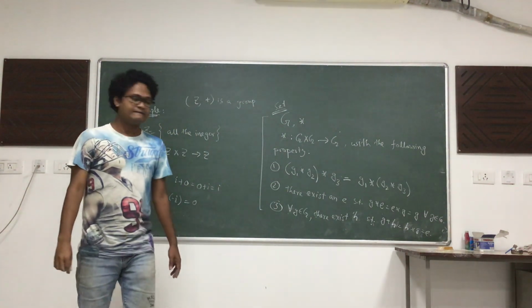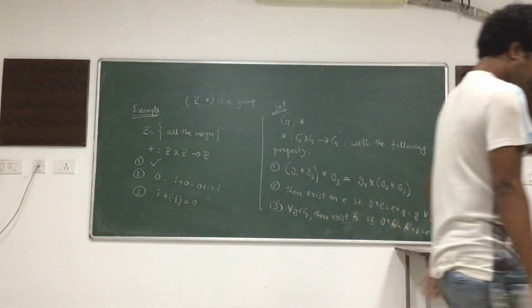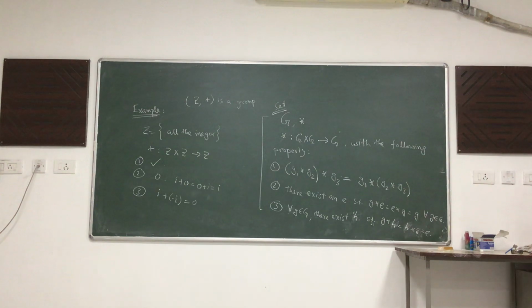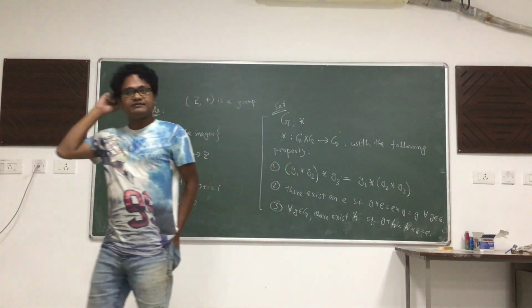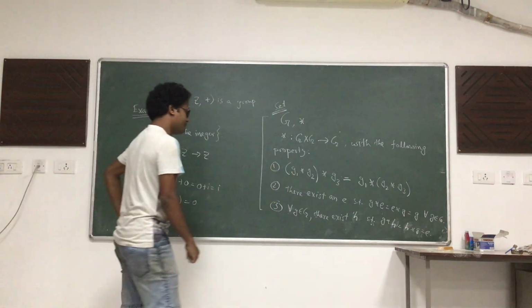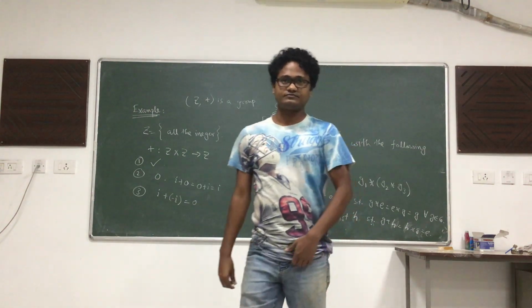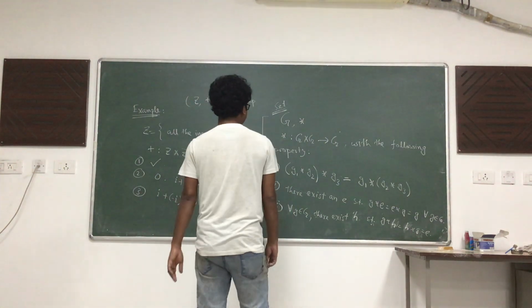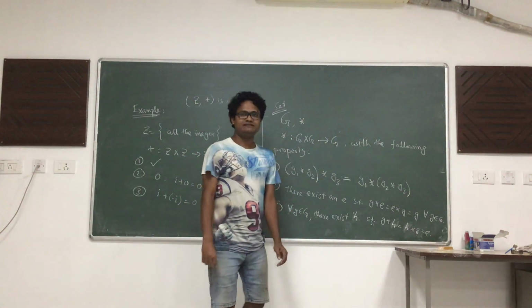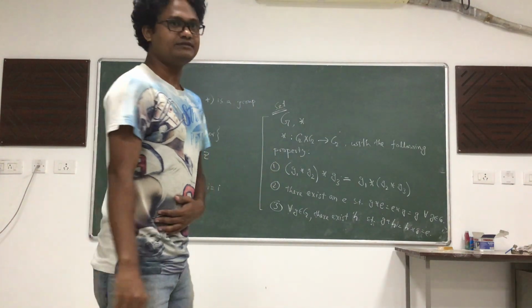In the definition of group, is g1 star g2 equal to g2 star g1 there or not? No, it's not there. That is only for the inverse element. If that is the case, then it's called an abelian group or commutative group.